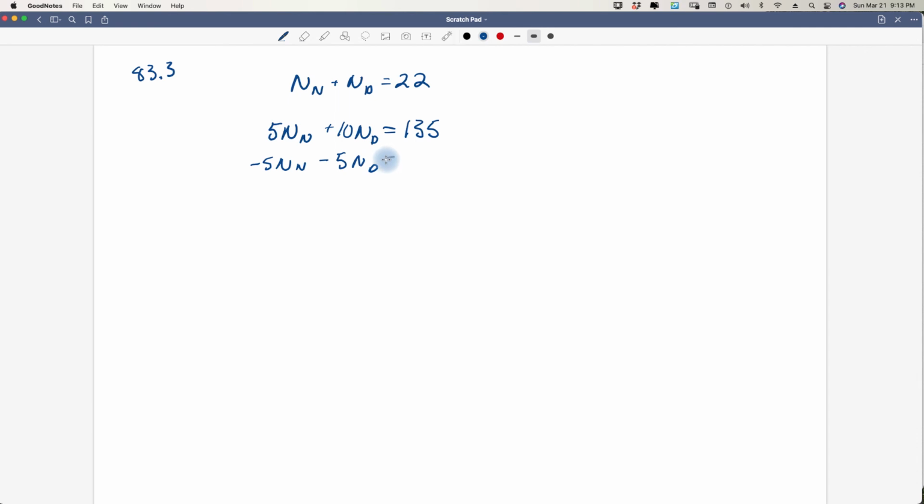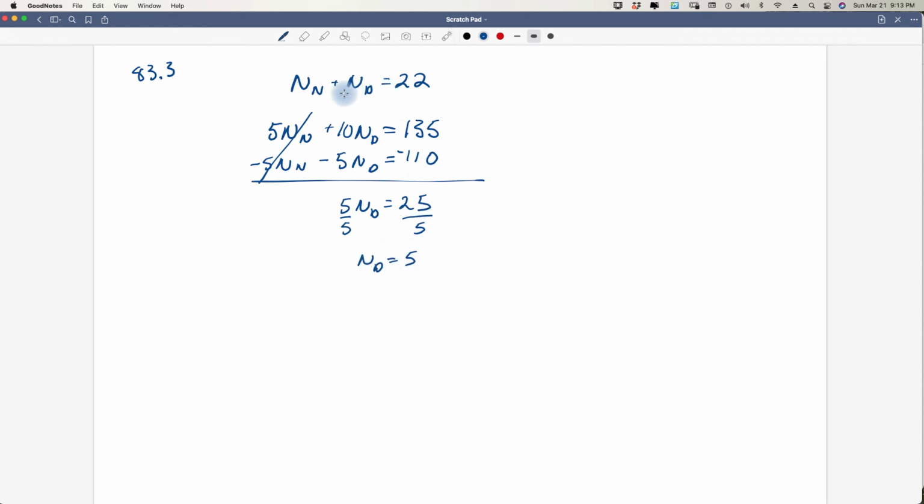And that equals -5 times 22, which is -110. So we can eliminate that. We're left with 5 times the number of dimes equals 25. And if we divide both sides by 5, we have that the number of dimes was 5.